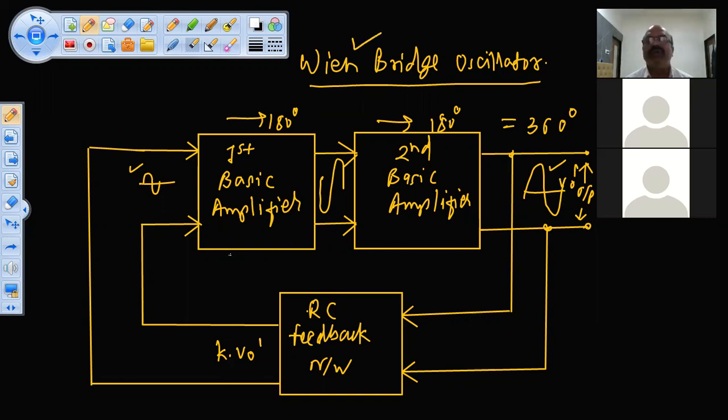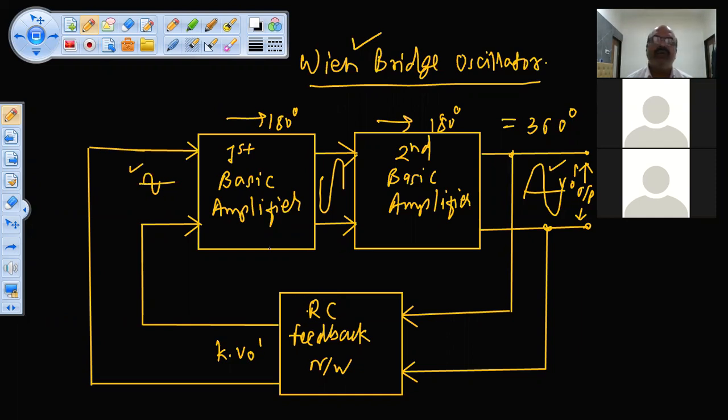The previous one is the RC oscillator, that is the RC phase shift oscillator, which requires only one basic amplifier and one phase shifting network of 180 degrees. The second RC oscillator is the Wien bridge oscillator. It doesn't require any phase shift network, but it requires an extra basic amplifier.